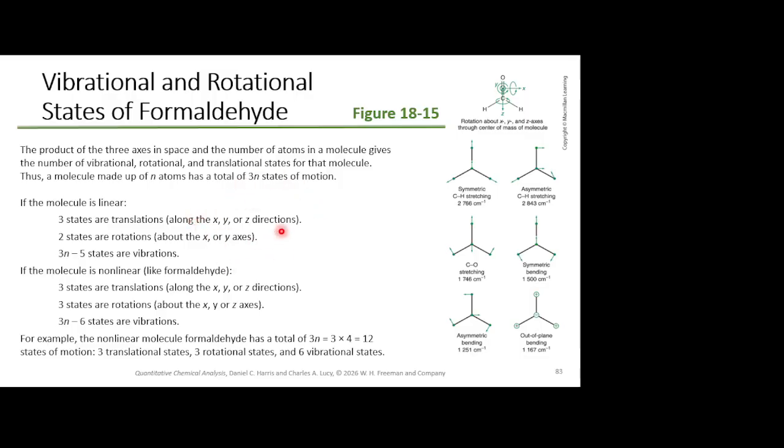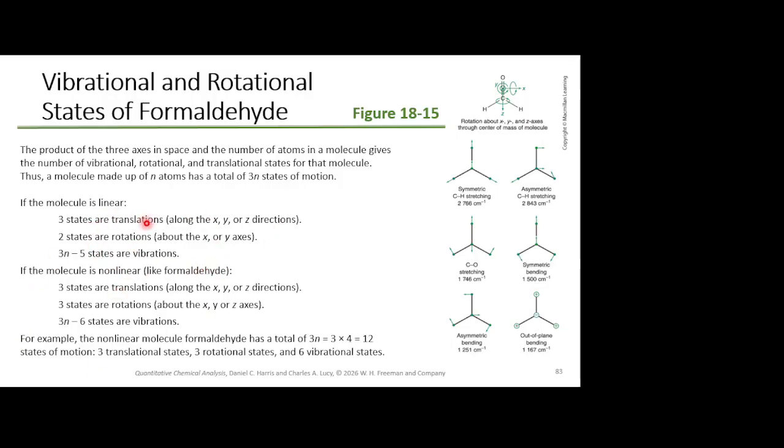If it's linear, then because it's linear, 2 of those are going to be the exact same thing, right? So if you have a linear molecule, it really doesn't matter whether you're doing this or whether you're doing this, right? They're the exact same one, okay? They're degenerate.